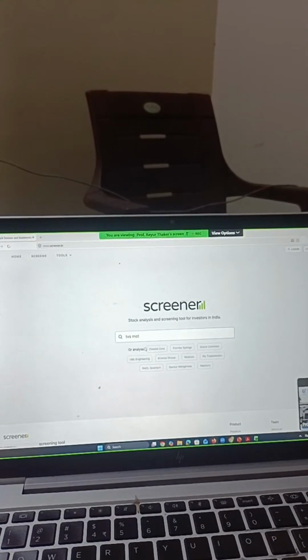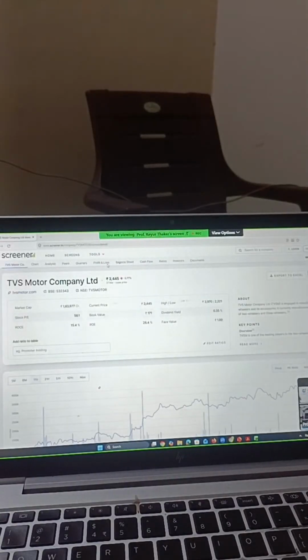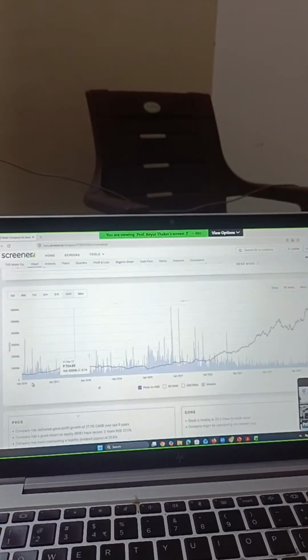It's very easy for me to show you. If you look at this company, this is the company that we are talking about. The company had a share price of roughly 324 in April 2016, and the share price peaked at almost 4000, and today it is 3400.